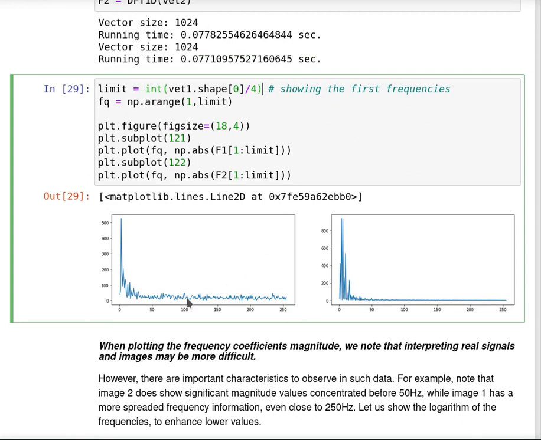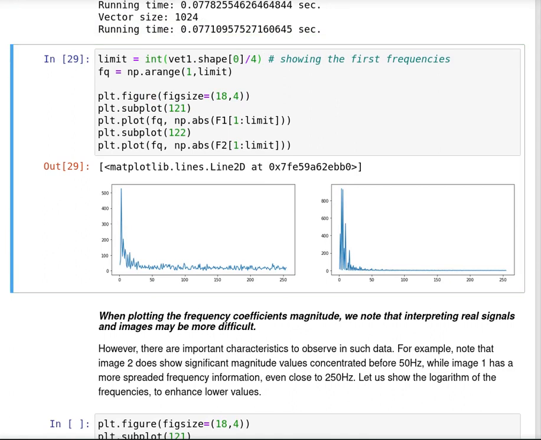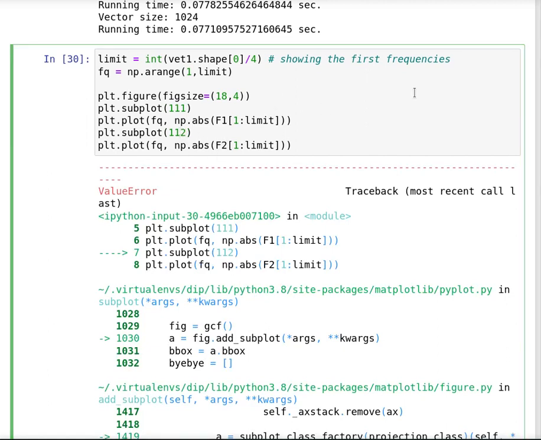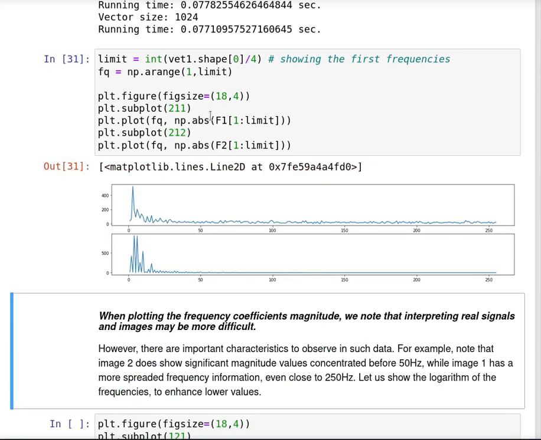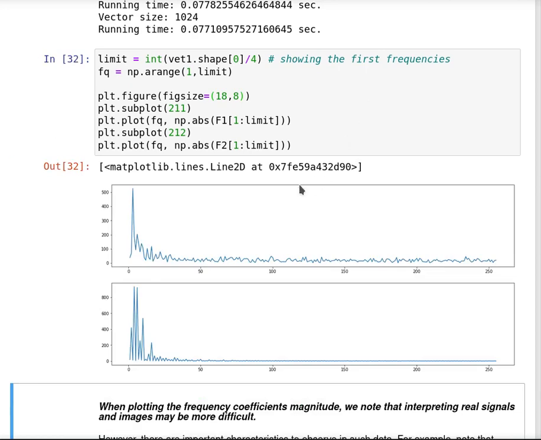I'm showing you a lot of frequencies here, but let me see if I can change it, instead of doing two plots like that. Let us do one. Sorry, so it's two. Now there you go. And then we increase the size a little bit.